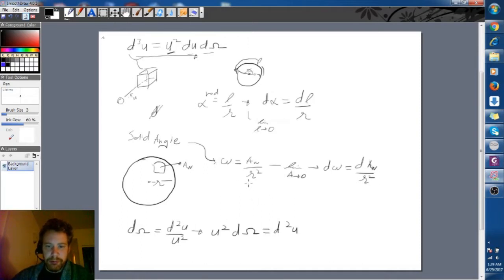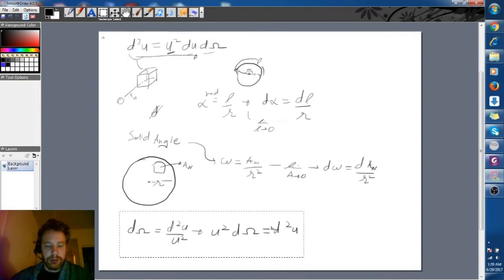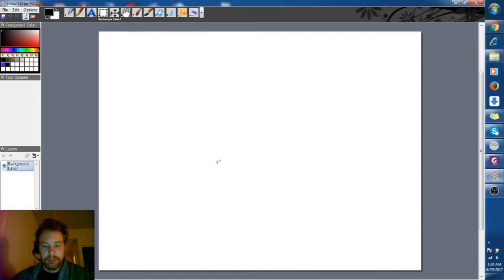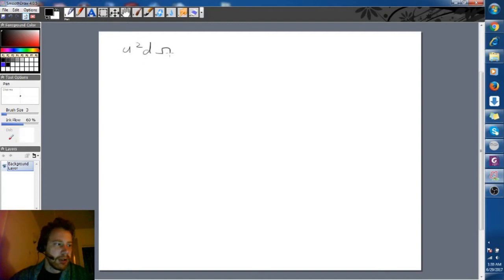Starting from this point, in fact, let me just go ahead and start a new slide here. Oh, that didn't copy over. Sorry, let me just rewrite this real quick. We were at u squared d omega equals d squared u.